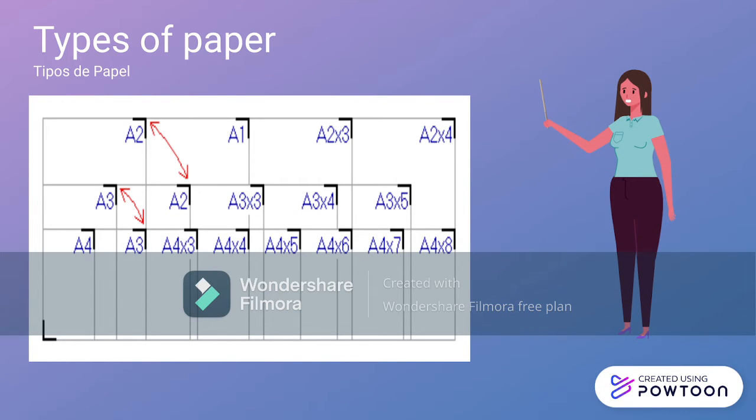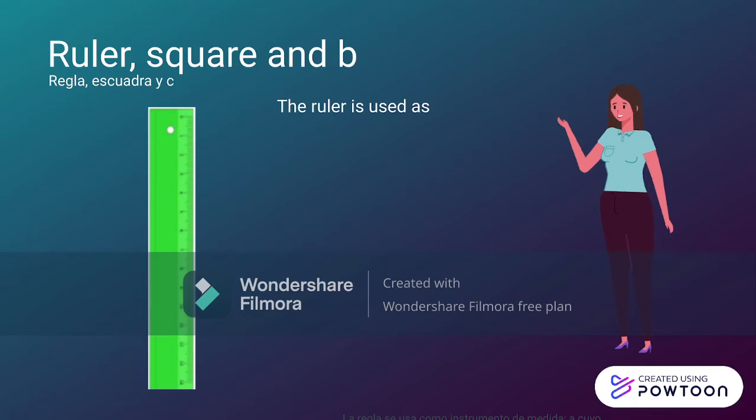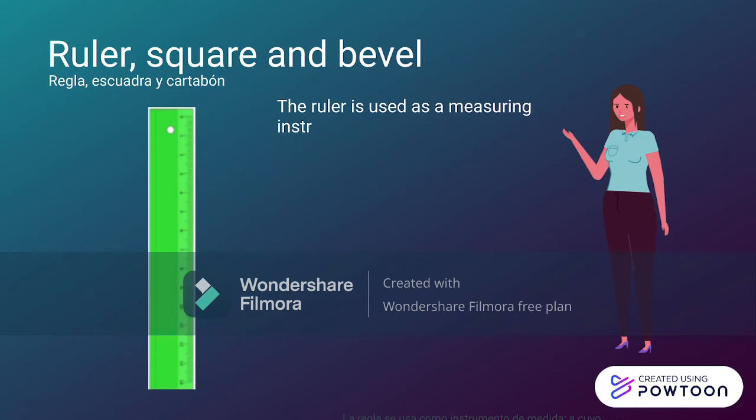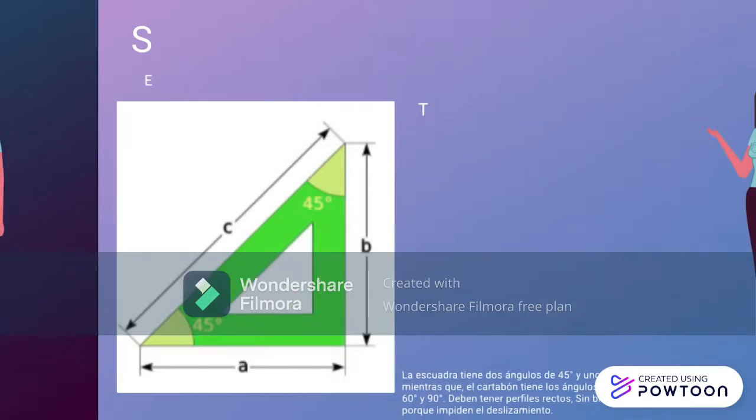Its varieties: packaging paper, canson, ingredients, basic, cardboard, foam board, millimeter, isometric, etc. Ruler. The ruler is used as a measuring instrument, for which purpose it must be graduated.